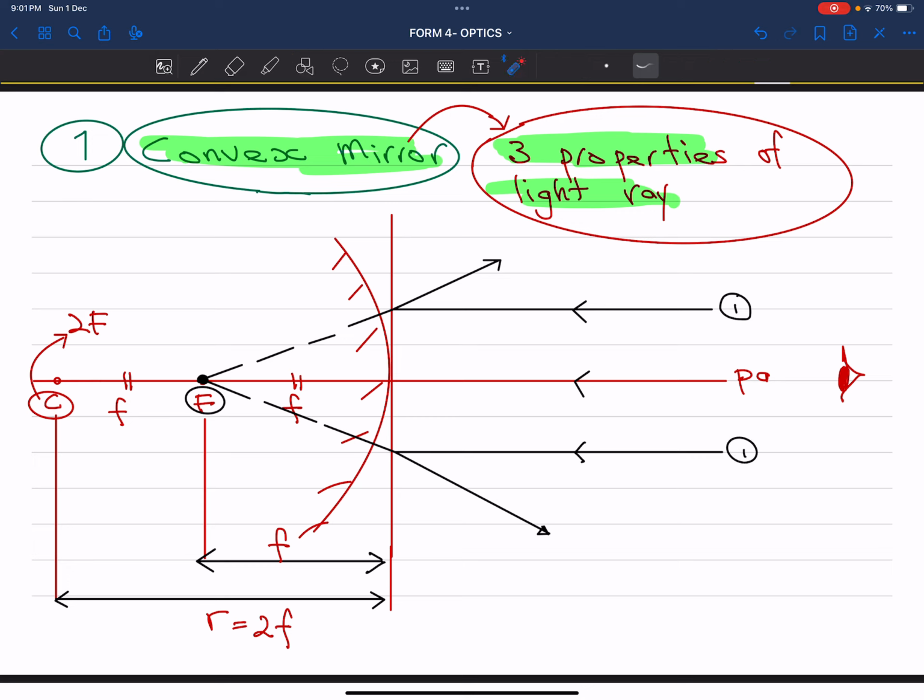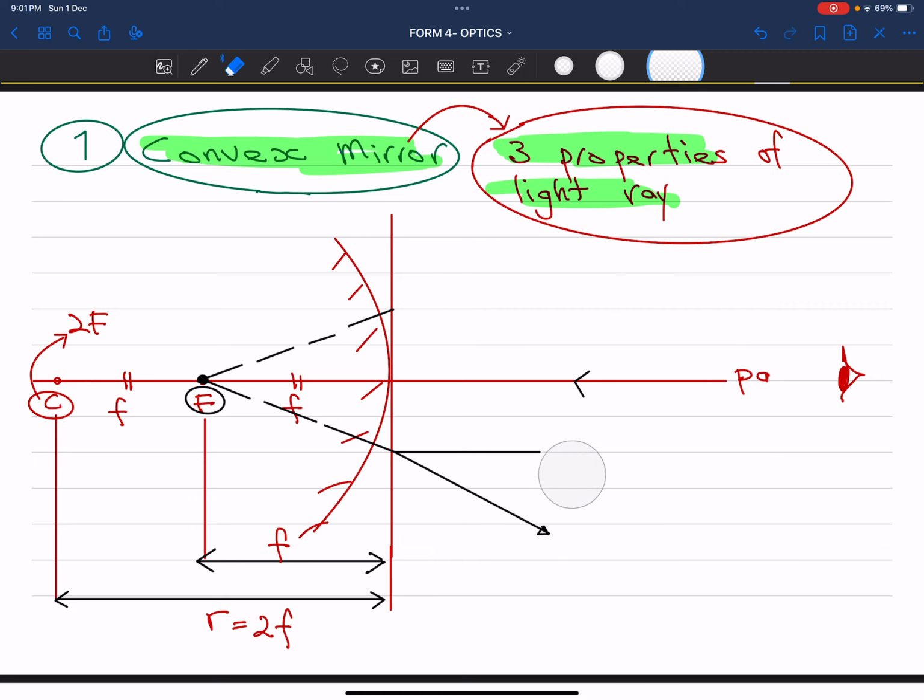Any light ray that is parallel to the principal axis gets reflected as though from F. This is the first. Now we look at the second property.